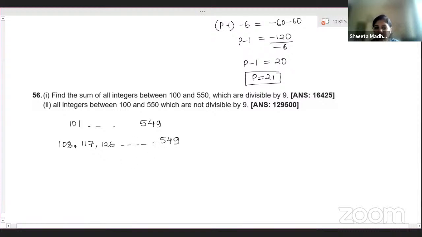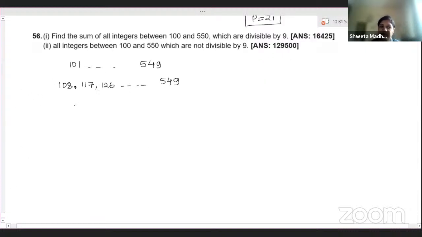So we have to find the sum of all these terms. First we have to find how many terms there are, then only we can use the S_n formula.